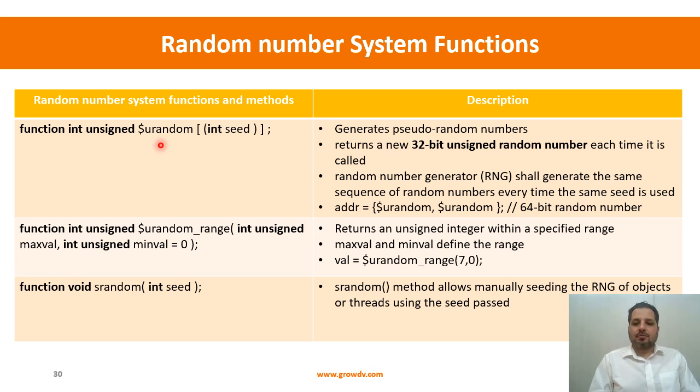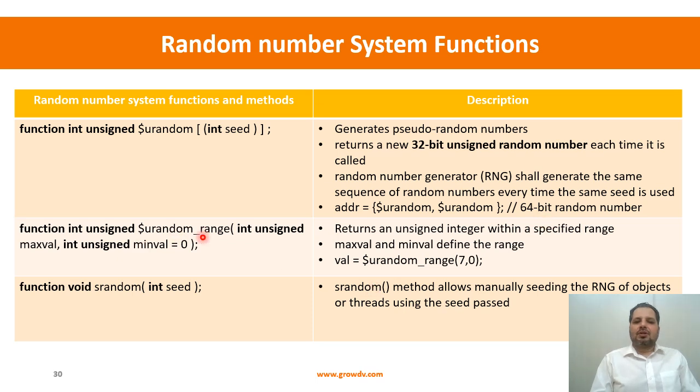This way it helps you build a repeatable sequence. And if you wanted to generate a 64-bit random number, you could say address equal to {urandom, urandom}. You can concatenate two 32-bit values to generate a 64-bit random number as well. What I'm trying to show you is that you can generate any width.